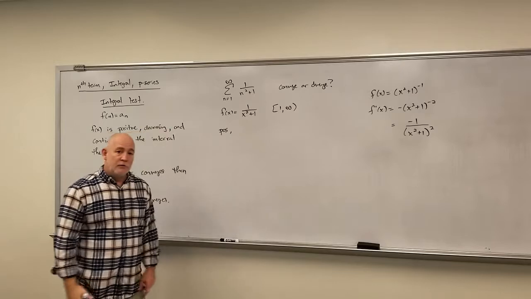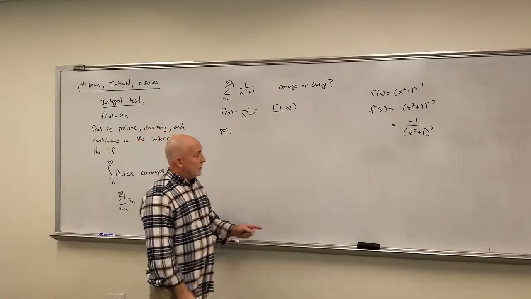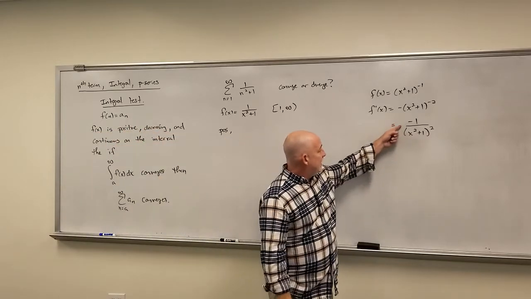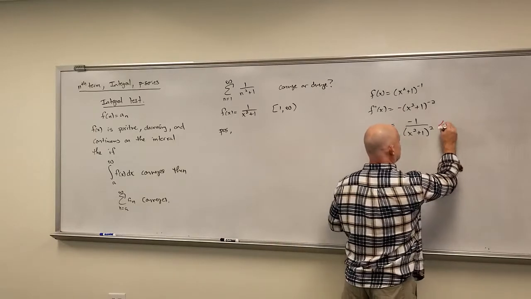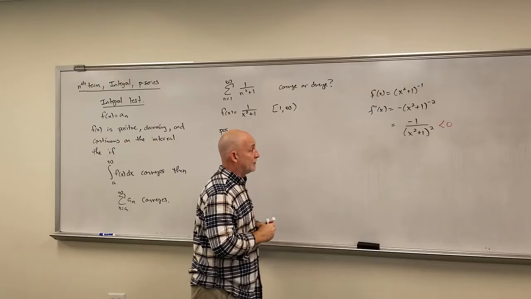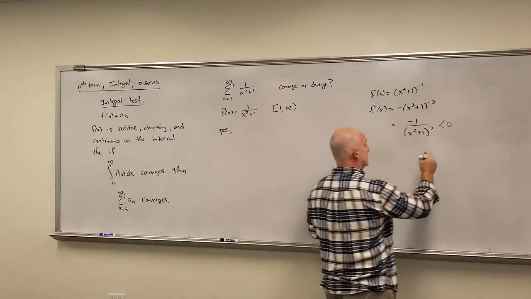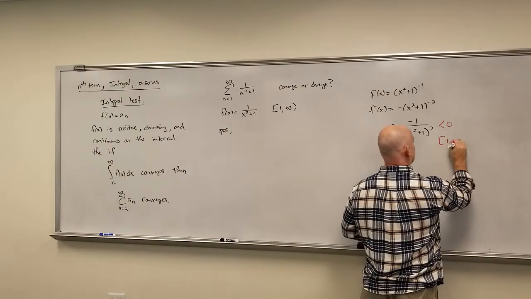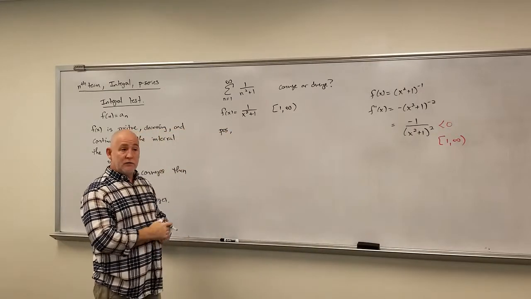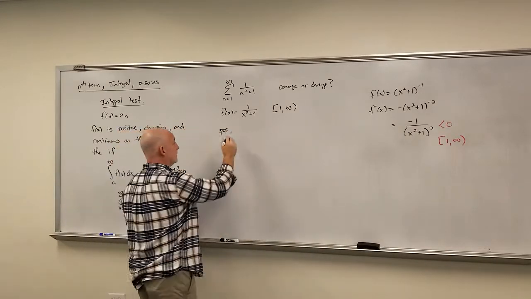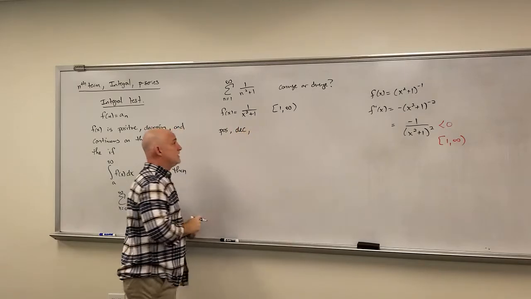Okay, so there's our derivative, or the slope of our tangent line. And we can see the top is always negative, the bottom is always positive. So this is always less than 0, in fact for any value of x, but it is definitely less than 0 from 1 to infinity. Since that's less than 0, we know that the function has to always be decreasing. So there we go, we've proved that it is decreasing.